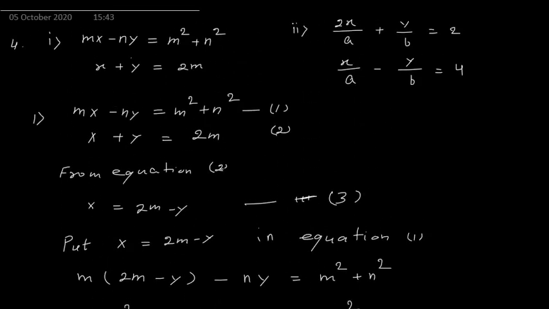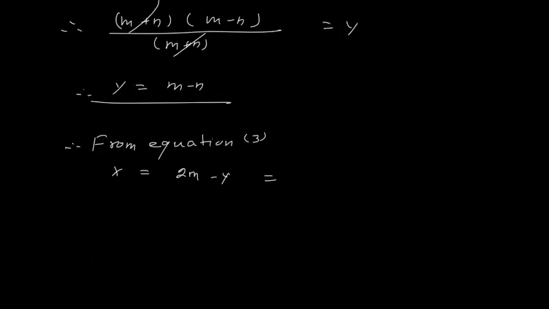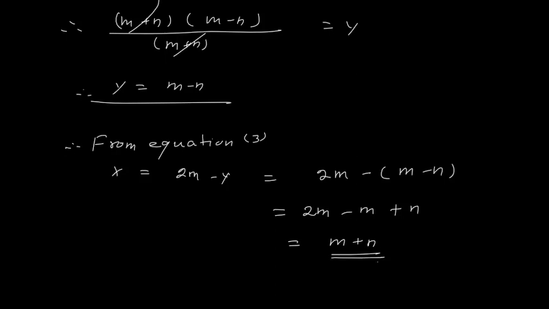This 2m minus y will give me 2m minus m minus n, which will be 2m minus m plus n is equals to, here it is m plus n.